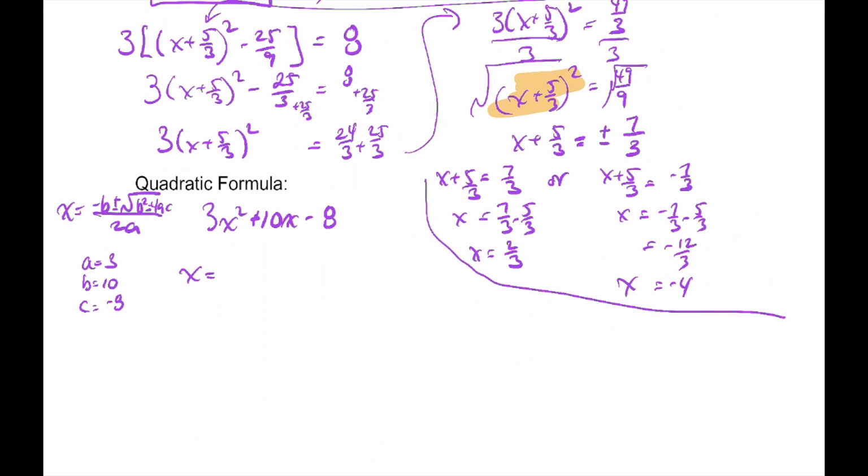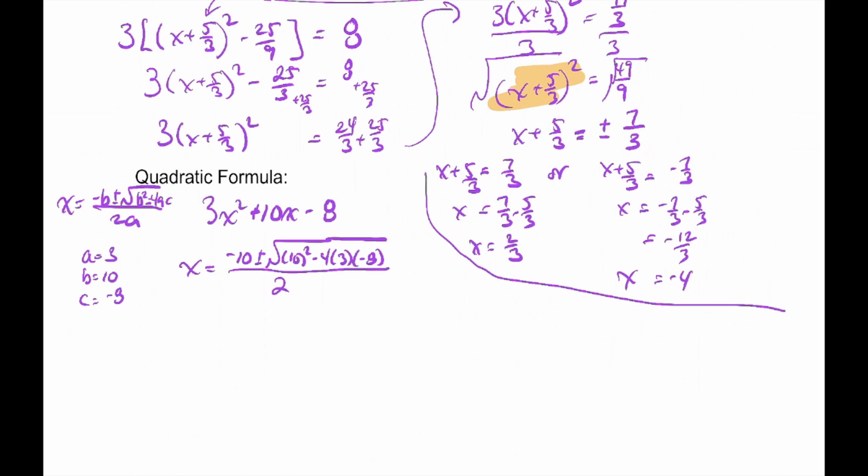So x is equal to, so minus b, so minus 10 plus or minus the square root of b squared, which is 10 squared, minus 4 times 3 times minus 8. So you got to be careful not to forget the negative there, all over 2 times 3. So this is going to be minus 10 plus or minus the square root of 100, minus 4 times 3 times 8. So that's going to be 24 times 4, which is 96.